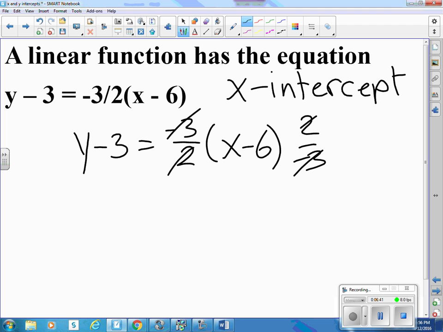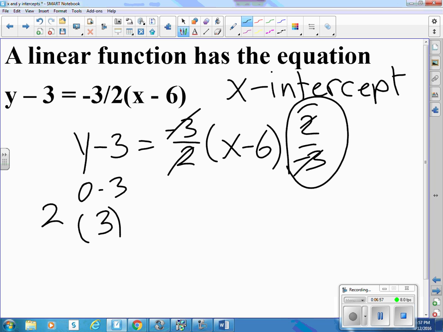Well, for the x-intercept, y is 0, so this is 0 minus 3, which is negative 3. So on the left-hand side, I have negative 3, but I'm going to have to multiply that by 2 over negative 3. Okay, so negative 3 divided by negative 3 is 1.